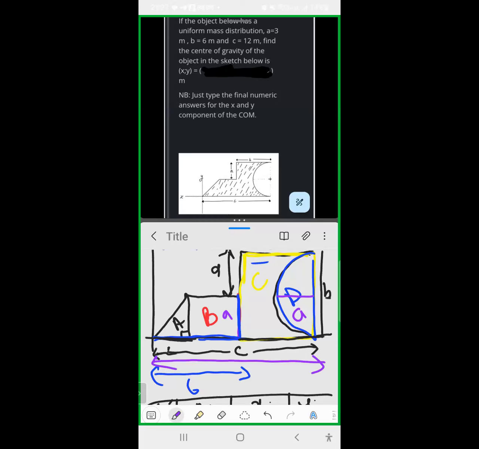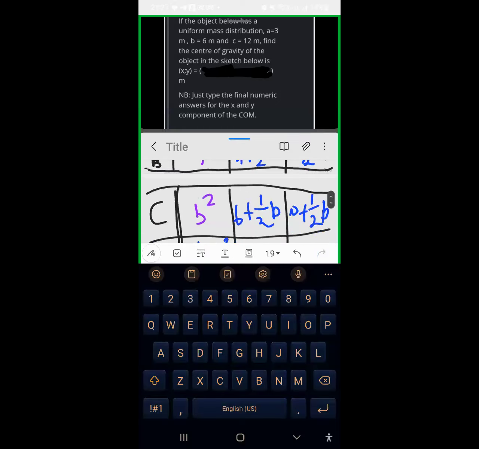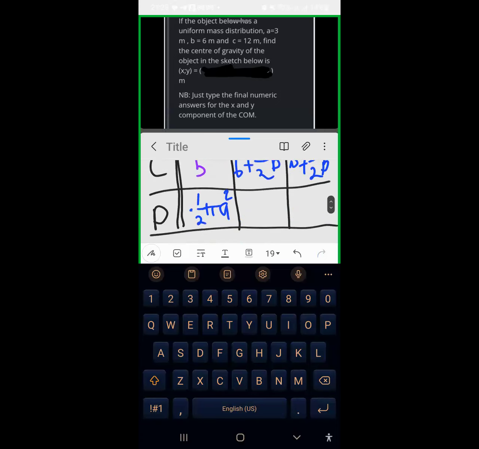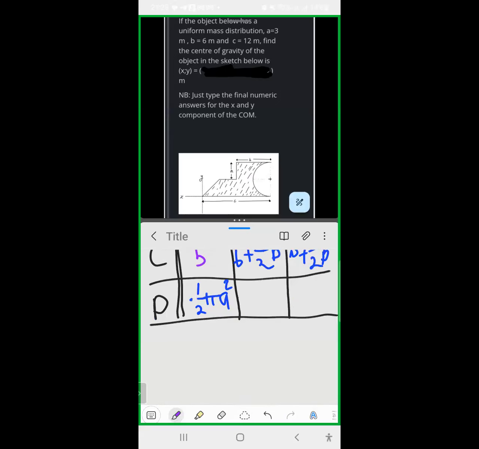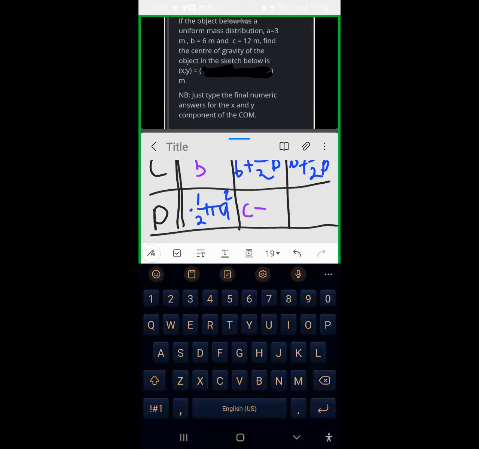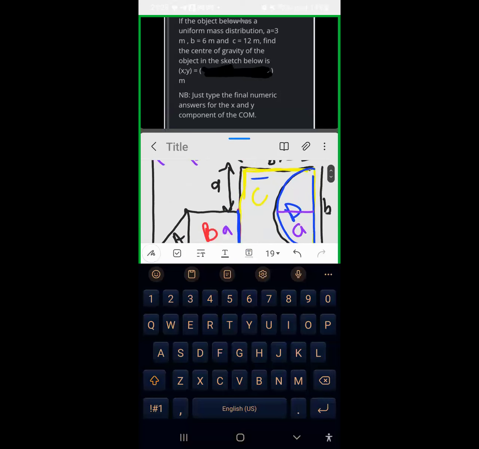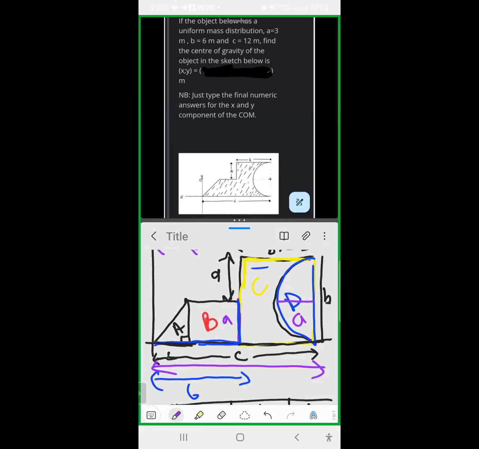But in this case, remember, it's a cutout, right? Therefore, we're going to minus instead of adding. If this shape, which is a semicircle, were outside like this, then we'd have to say c plus. But now it is a cutout located inside. Therefore, we have to say c minus the x coordinate of the center of mass.